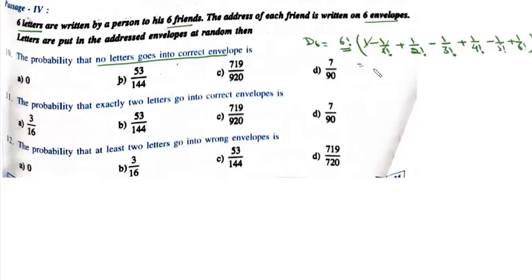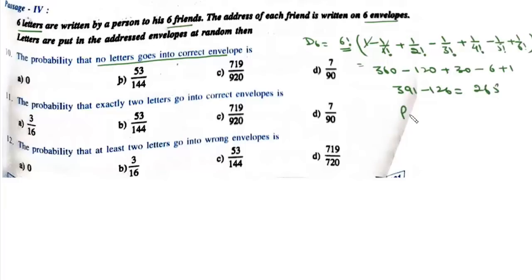Now 720 divided by 2, 360. 360 divided by 3, 120. 120 divided by 4, 30. 30 divided by 5, 6. And this is plus 1. So this value is 391 minus 126, which is 265.